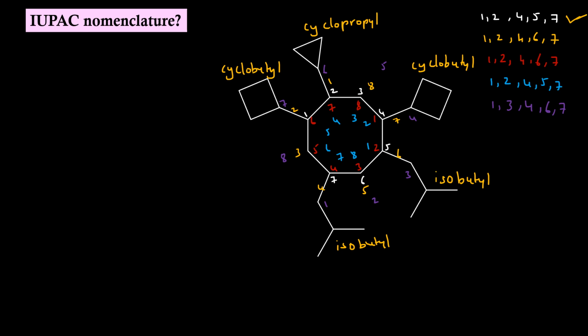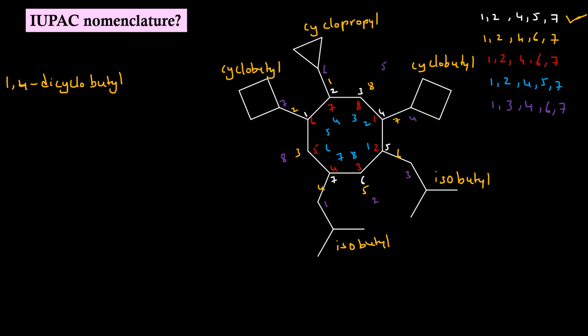So the secondary prefix for this molecule will be: we have cyclobutyl at position 1 and position 4, so 1,4-dicyclobutyl.